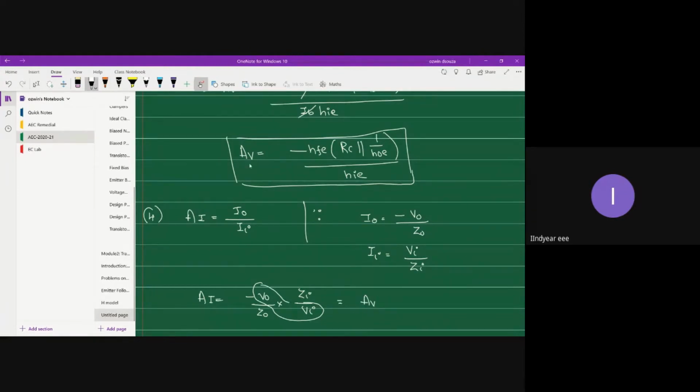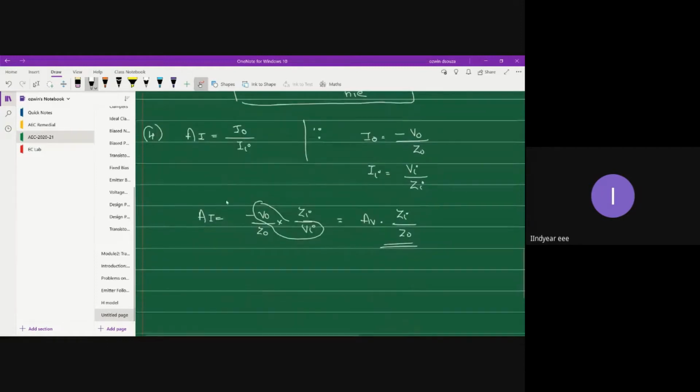So we have this ratio V0 by VI, which is AV. It is minus V0 by VI, so minus of minus becomes plus, into Zi by Z0. If you want, you can substitute the Zi and Z0 expressions.